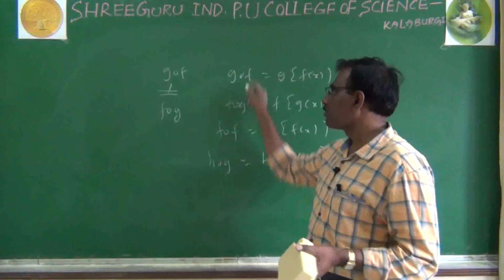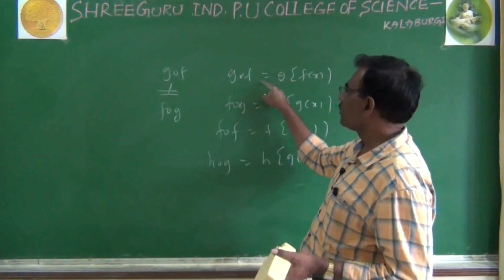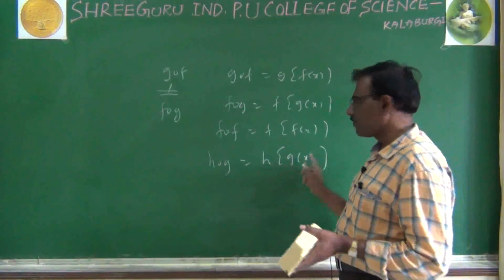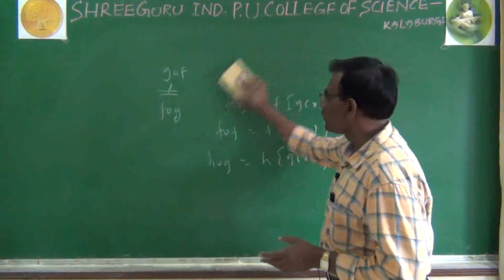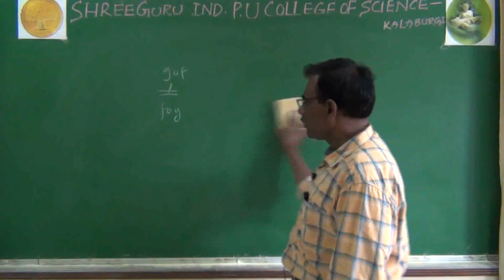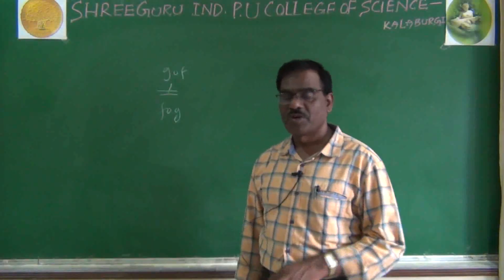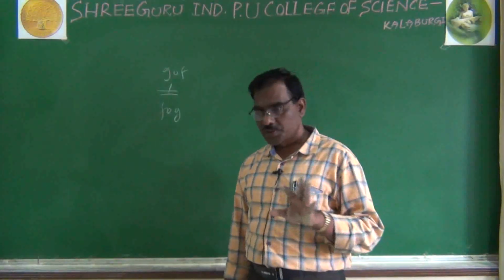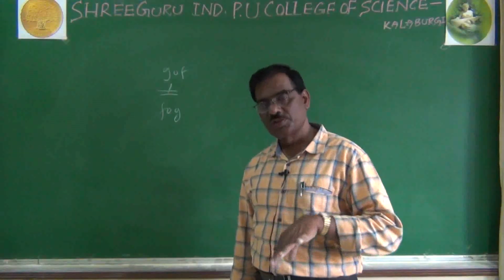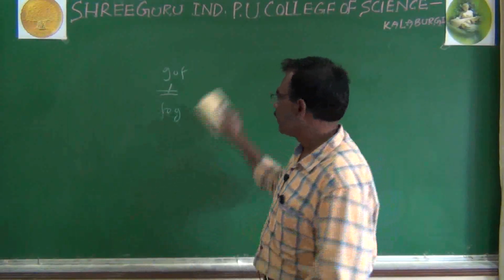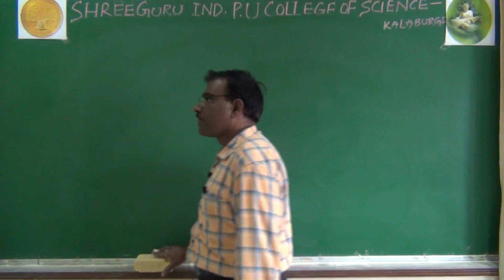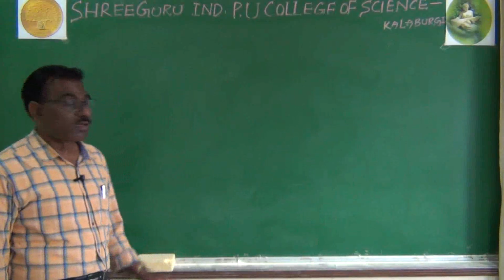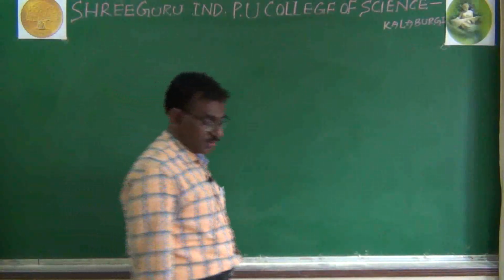Whatever it is, it is a function of x. These are usually not equal, so commutative does not hold. When 3 functions are given, composition is 100% associative. Composition is associative but not commutative. So this is the definition of the composition of a function.